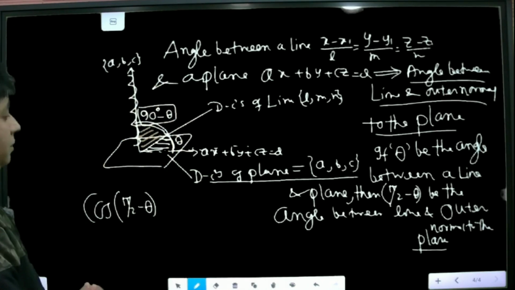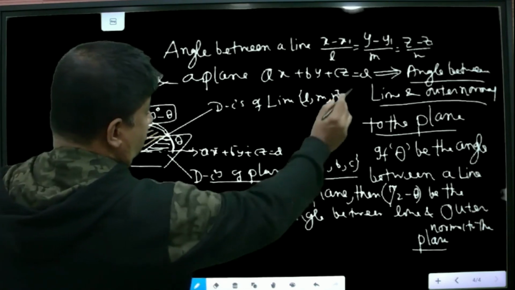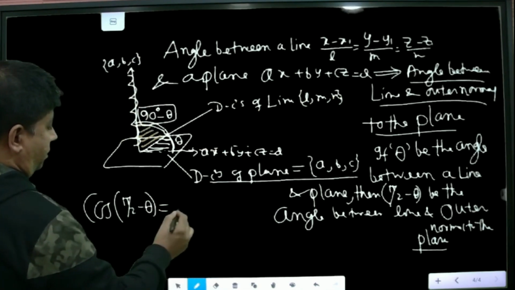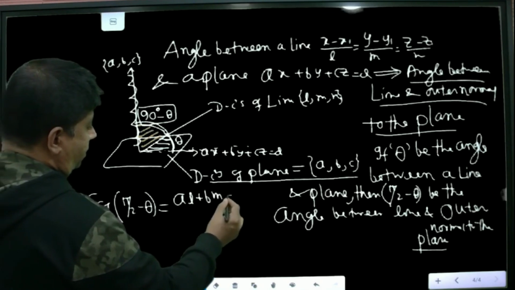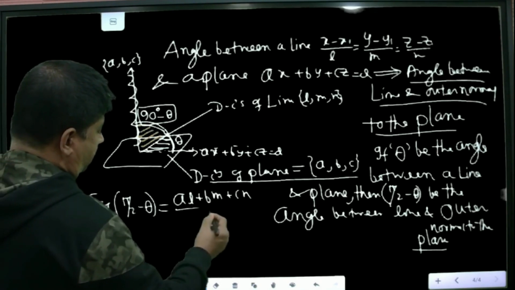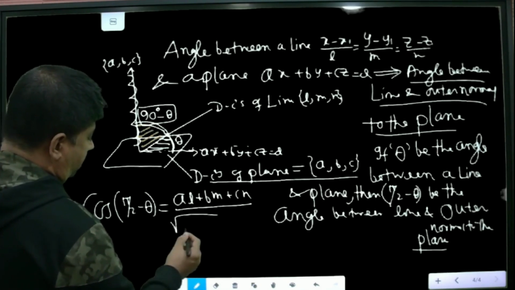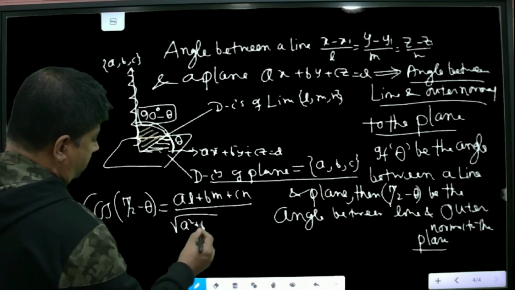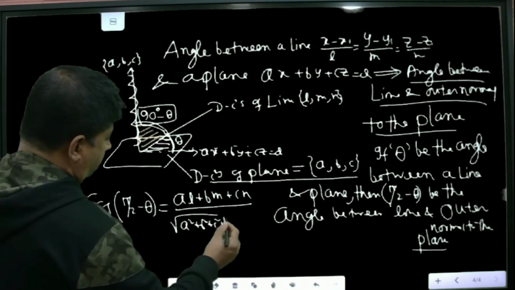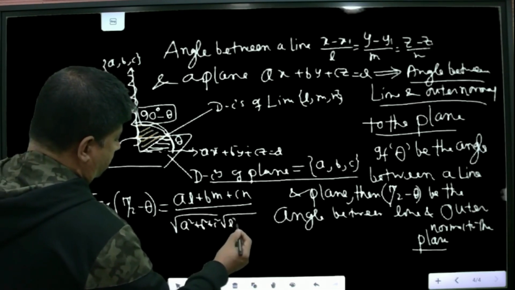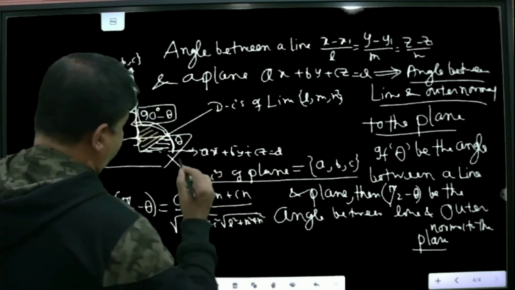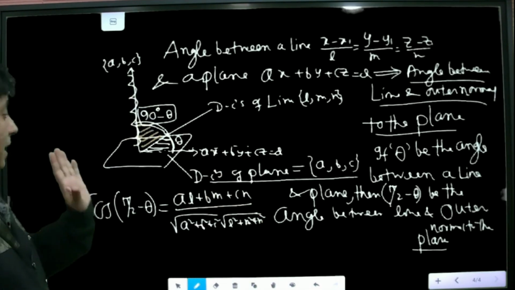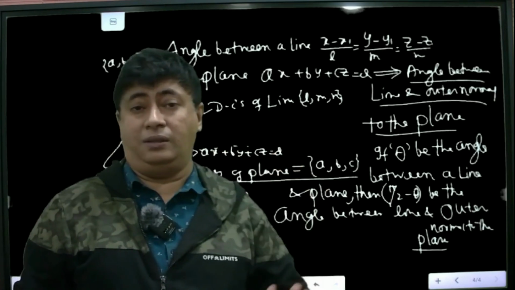Okay? That means AL plus BM plus CN by root of A squared plus B squared plus C squared into root of L squared plus M squared plus N squared. So this is the angle between line and plane.